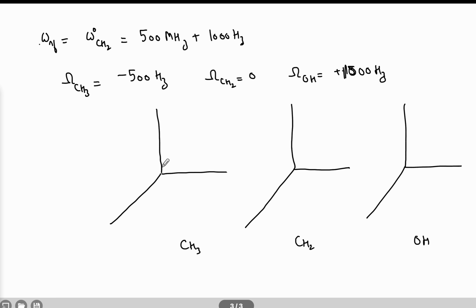Now you can appreciate that the delta B naught for CH3 will correspond to this divided by gamma, which is now minus 500 divided by gamma.